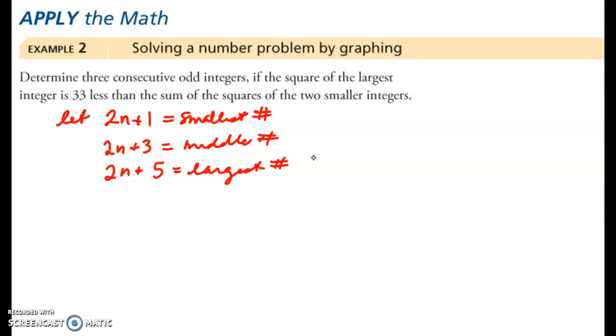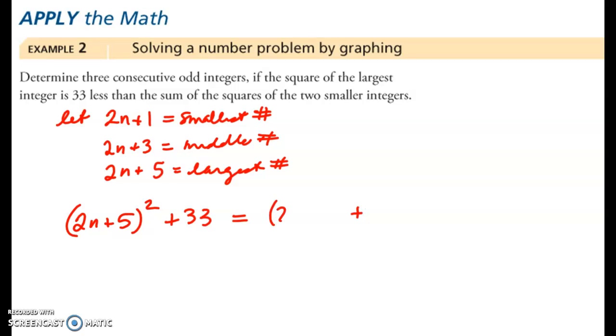The square of the largest integer, so let's write that down. Here's the largest, and we're going to square it. The square of the largest integer is 33 less than. So if this is 33 less than, in order to make it equal to, I'm going to have to add 33 to the largest, because we know that the value here is 33 less than the sum, meaning I'm adding 2 things, of the squares of the 2 smallest integers.